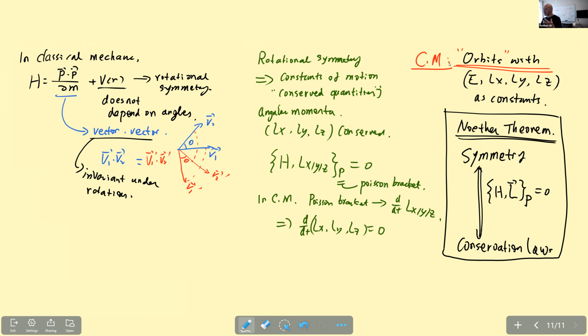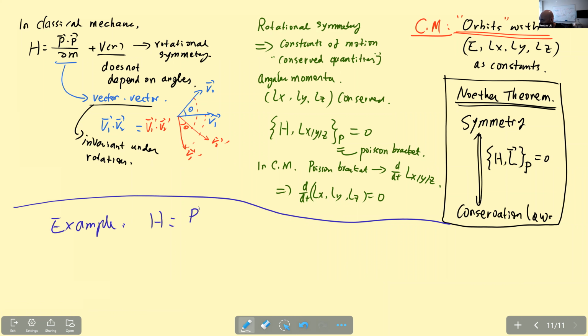And you can even consider a simpler example. You can consider, for example, the Hamiltonian just equal to p squared over 2m. That's independent of x, y, z, right? So in this case, the symmetry is a translation symmetry.